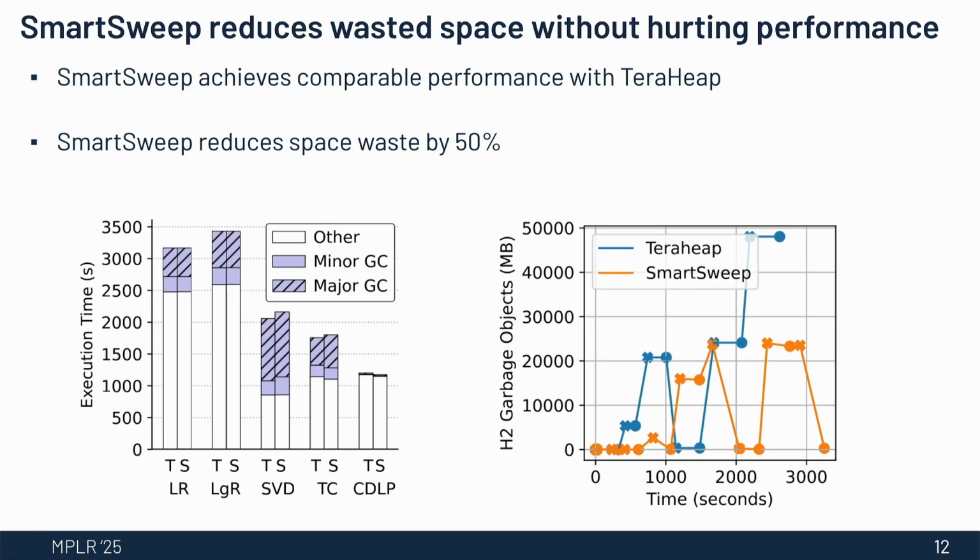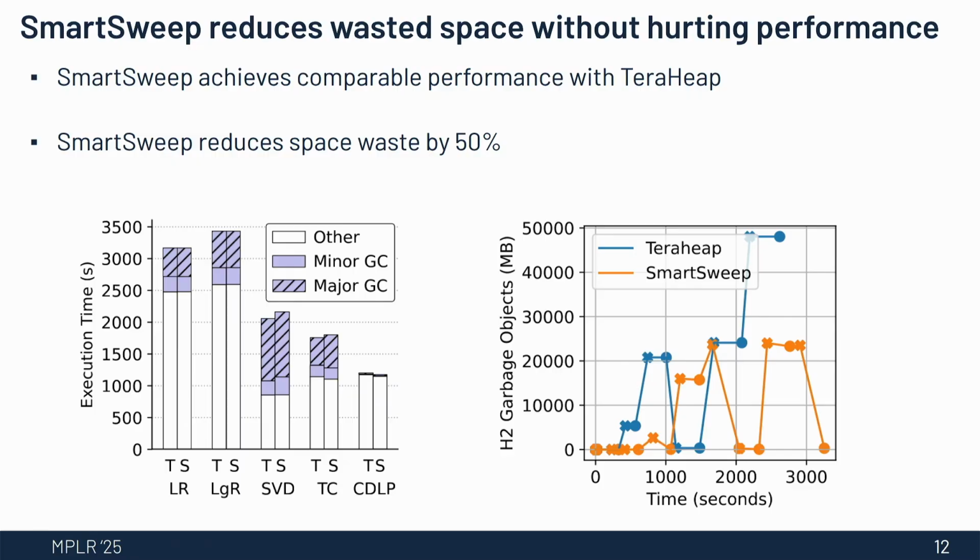As you see here, we evaluate SmartSweep compared to TeraHeap, using linear regression, logistic regression, SVD++ and triangle counts in Spark, and SynDLP in Neo4j Graph Data Science. We see that across the execution, SmartSweep achieves comparable performance with TeraHeap, which does not reclaim space promptly and waits to reclaim entire regions of garbage objects.